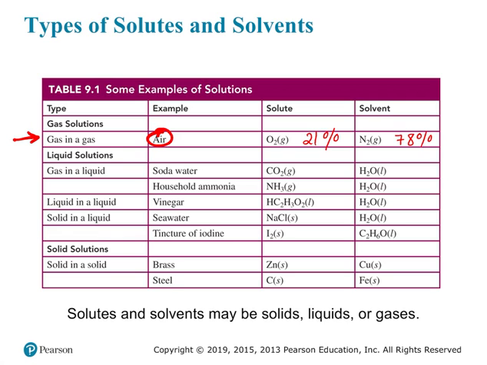Now, you could also mix a gas with a liquid. And one good example is soda water. Carbon dioxide is the gas that's mixed in with your solvent, and that is water. You could also mix a liquid with a liquid.